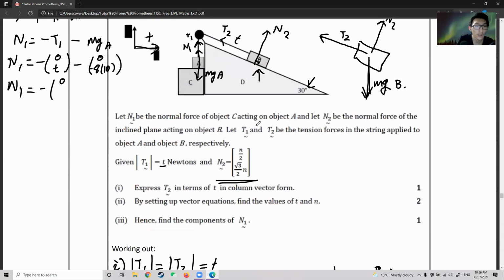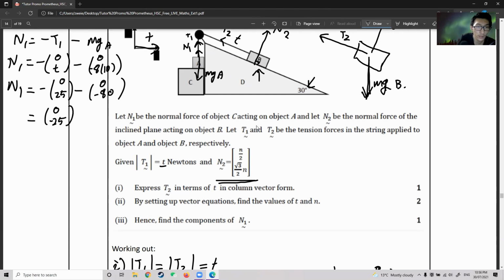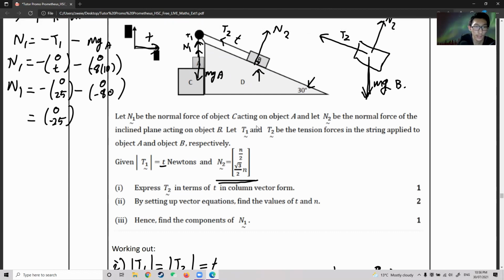Yep. So I get 25 minus 0, negative 80. So I get 0, positive, negative 0 doesn't matter. But the bottom, minus 25, minus 80. I get plus 0, 80. Okay. So what I get is my N1 will equal 0, 65.